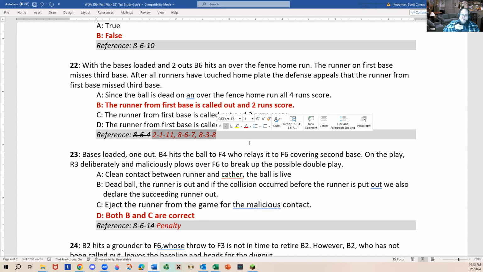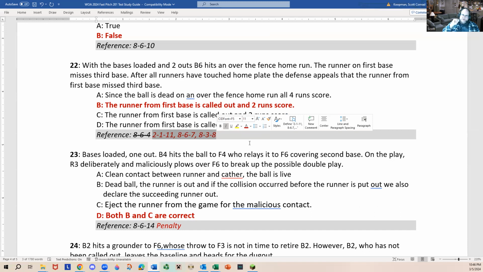So what we have is just the third out on the appeal that happens after the runners from third and second have already crossed home. Now, it is the third out, so when that runner is appealed and called out, no subsequent runs can score. Like the home run hitter who is still behind can't still score.